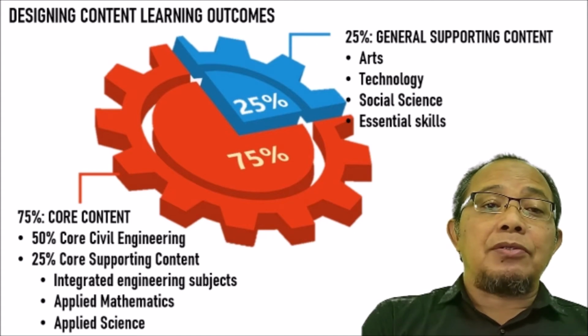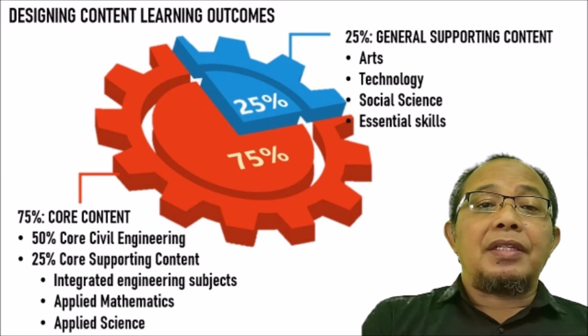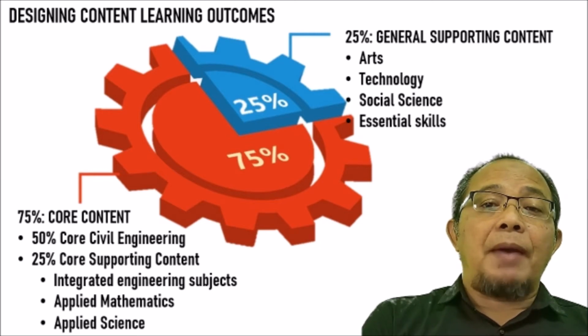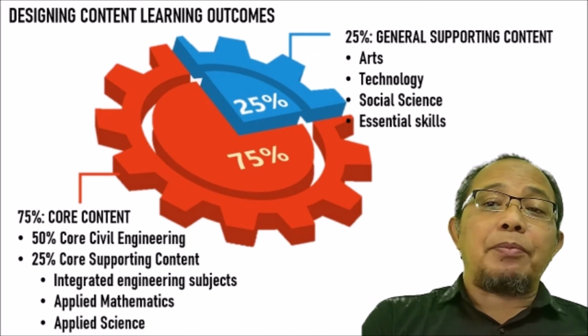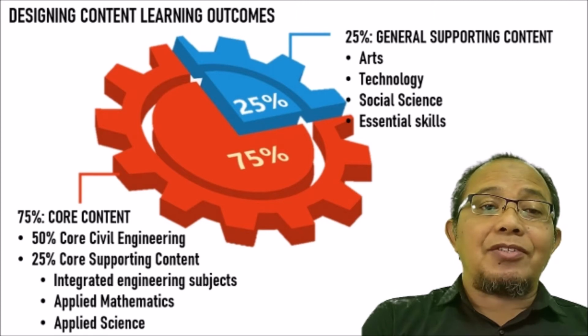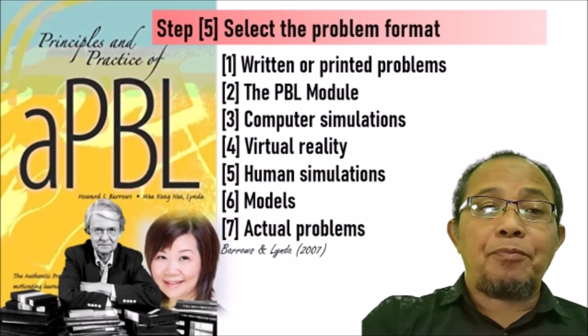Another 25% could consist of core supporting content such as other integrated engineering subjects, applied mathematics, and also science. The 25% of general supporting content could consist of arts, technology, social science, and essential skills.